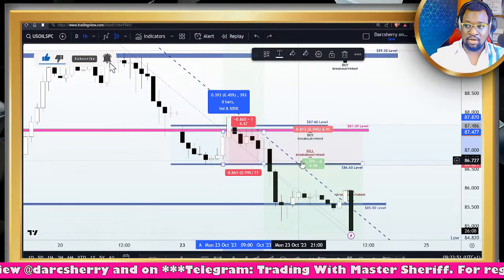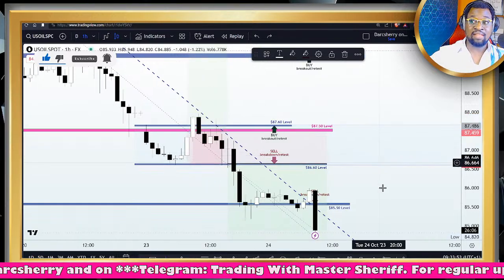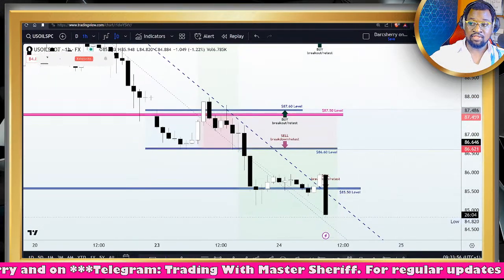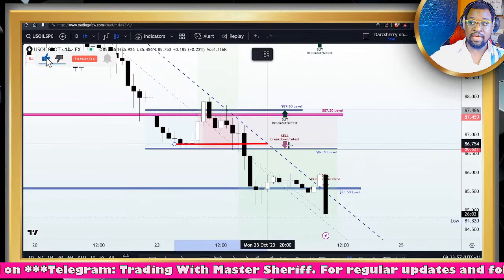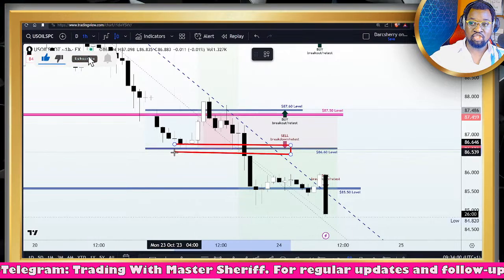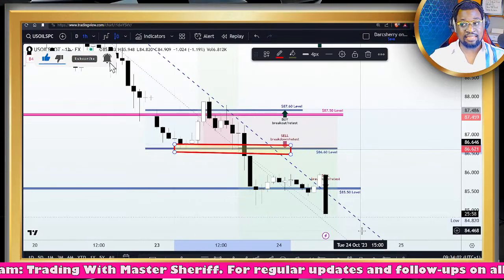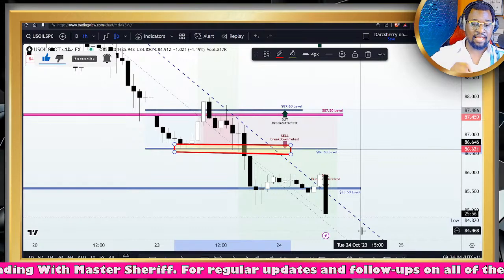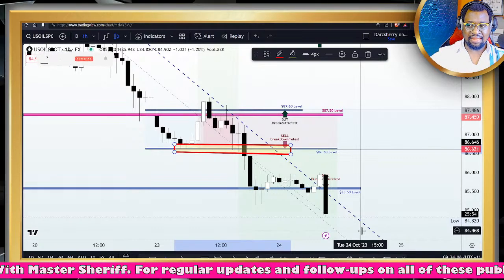And interestingly enough, we saw how price went on to break down the support line to trigger our sell position, as you will see here. And since yesterday, we have been selling the US oil spot at this point.